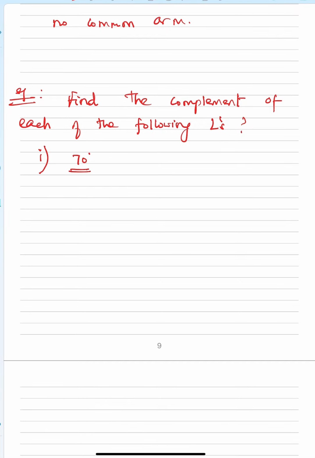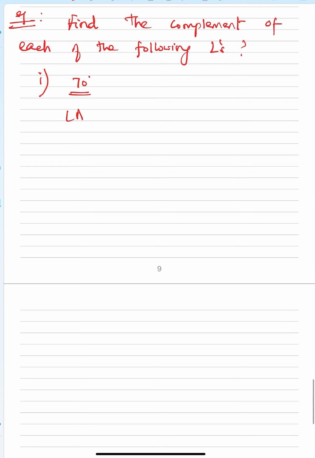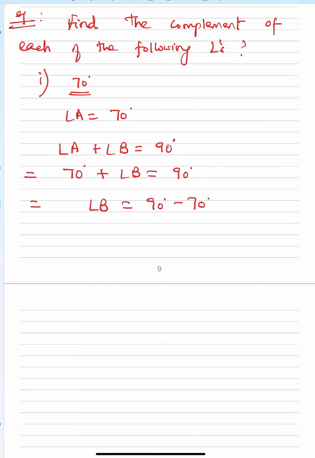Let us name this as angle A. Angle A is 70 degrees. We know that complementary angles add up to 90 degrees. So in place of angle A, I will put 70 degrees plus angle B equals 90 degrees. So angle B is equal to 90 minus 70. Hence angle B is equal to 20 degrees. So we have just found that the complement of 70 is 20.